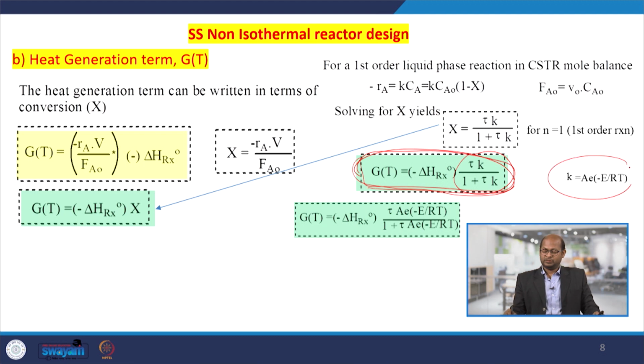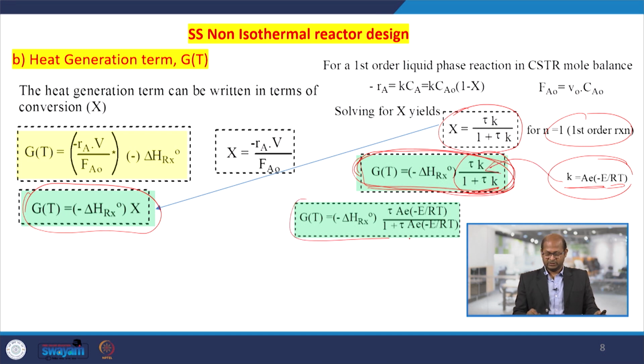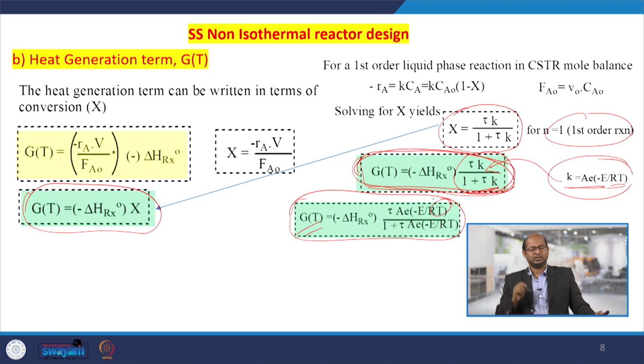And k is the rate constant, the specific reaction rate. Here x equals this for first order reactions, we can substitute it here, and k also we can substitute here. Then we can write G of T as a function of temperature, okay.